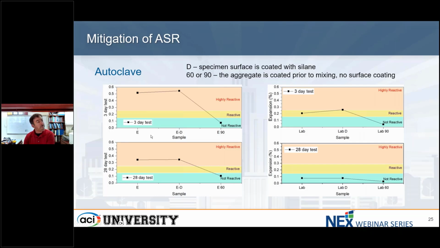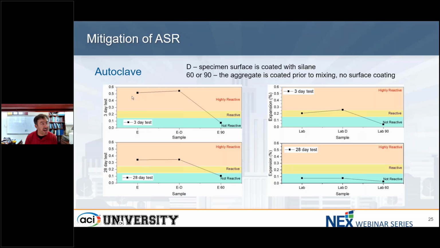It's sample E. And then the dash D means that only the surface of that mortar bar was coated with the silane. And the 90 or the 60 indicates that there's no surface coating, but the aggregates were coated prior to mixing. And what we see here is quite astounding.